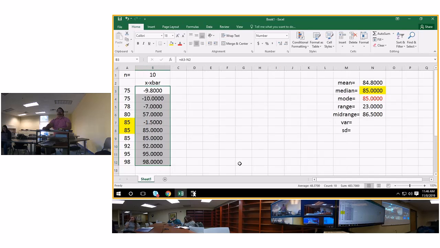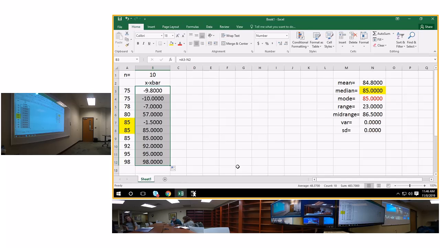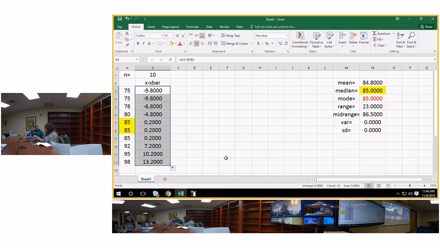Okay, it's not supposed to do that. I don't know why it's doing that. Anyway, it's wrong. So, equals this number minus this number, F4, and copy down. And there is your x minus x bar.